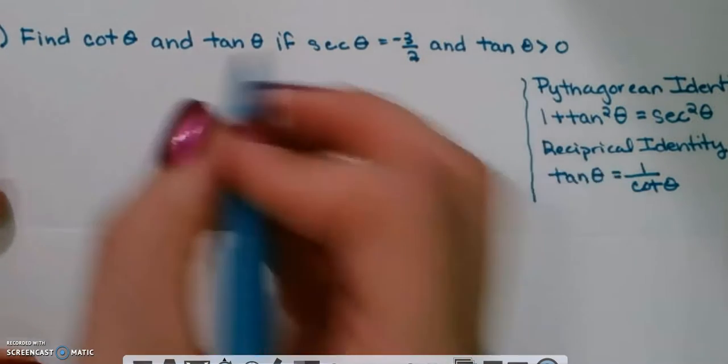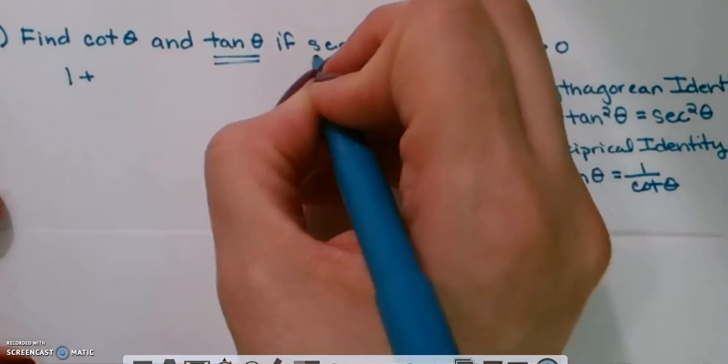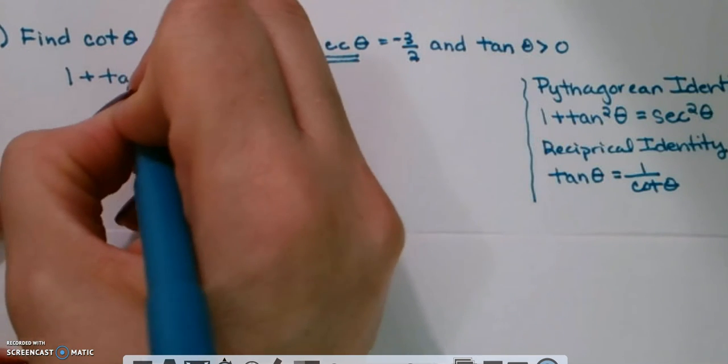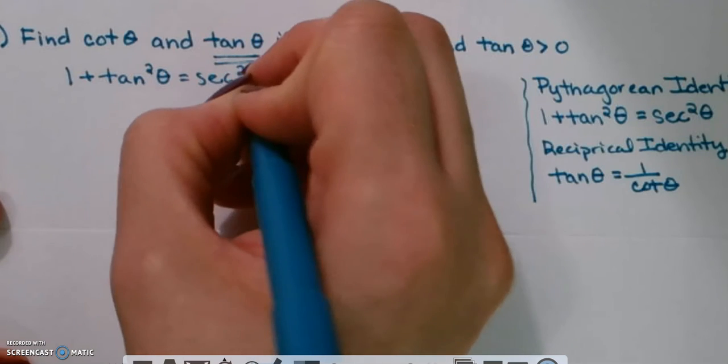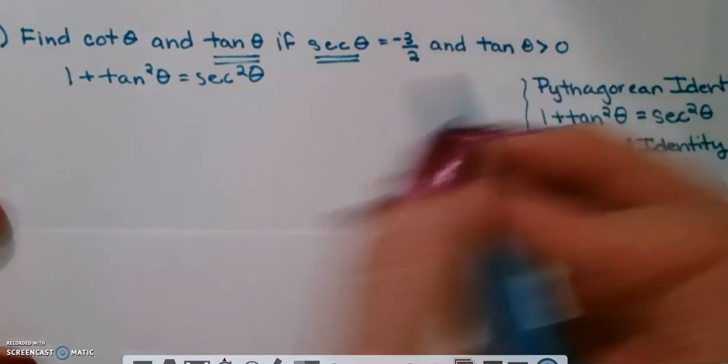So that being said, using the Pythagorean identity that connects these two things, 1 plus tangent squared theta is equal to secant squared theta. Replace the secant squared theta with this value.